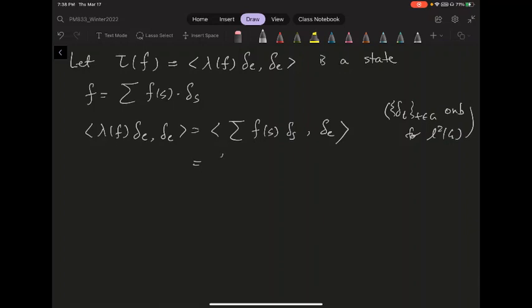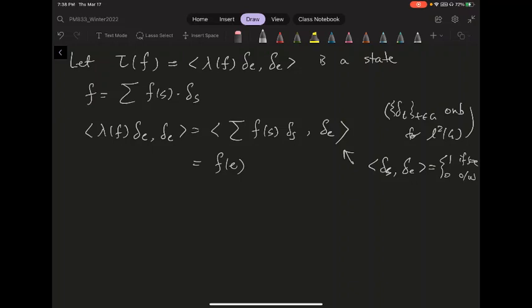You're only left with the function value at e. This is really because the inner product of delta s with delta e is, let's just say, 1 if s is equal to e and 0 otherwise, okay? So you pick up your function value at the identity.